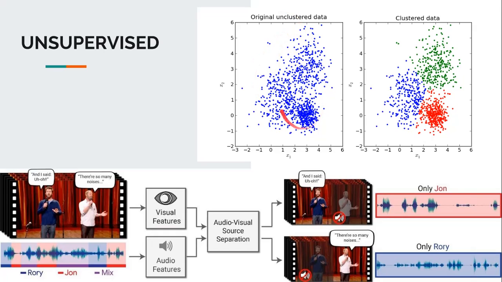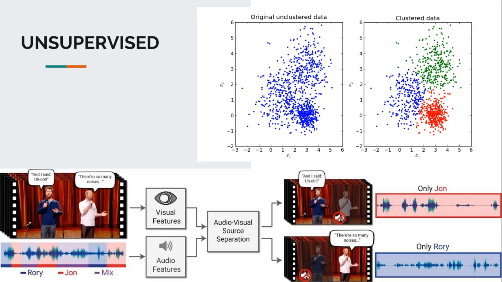As you can see, all the data points are of the same color. They are just plotted here, and after applying an algorithm like k-means on this data, it clusters our data. Now you can see three clusters: blue, red, and green. So this was a clustering example.